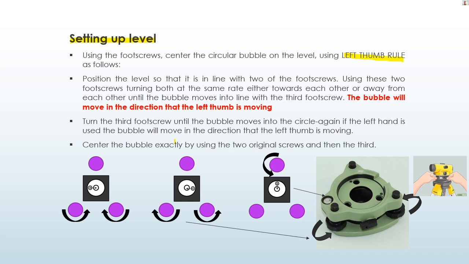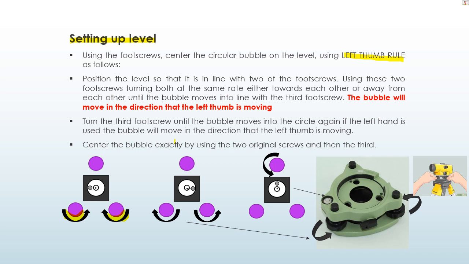So it's ready to take the reading. To make this work, firstly you need to adjust only 2 screws first and look at the bubble. Normally it's not in the center at first when you attach the level to the tripod.